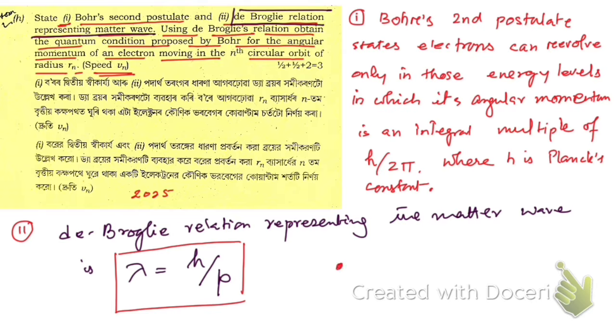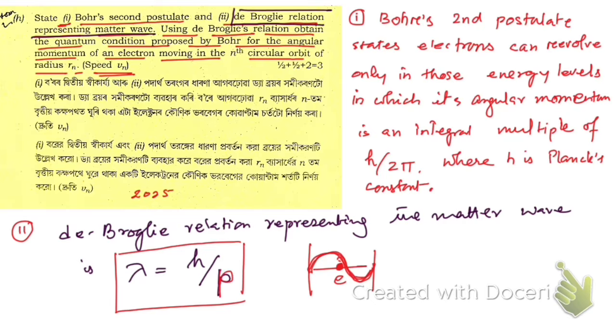Suppose we consider a particle, an electron. If it is moving, then a wave will be associated with this moving particle. That means it will show wave nature as well as particle nature. It has a momentum and a wavelength, as it shows dual nature, particle and wave. The wavelength must be equal to h by its momentum.